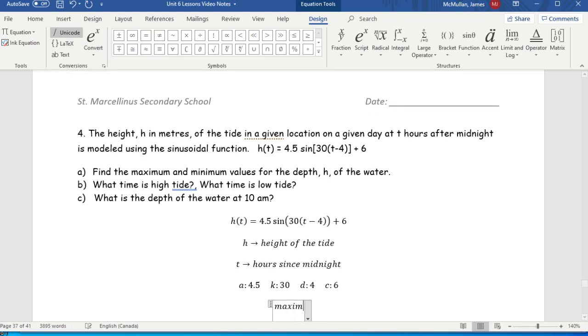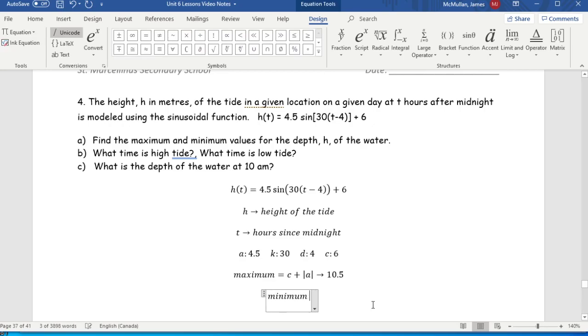I know that the maximum is c plus the absolute value of a, but since a is positive here, it's okay. So c plus a is 10.5. The highest this tide could ever get is 10.5. Think about this: 6 is the halfway point, 4.5 is the amplitude, so you move one amplitude up from that halfway point.